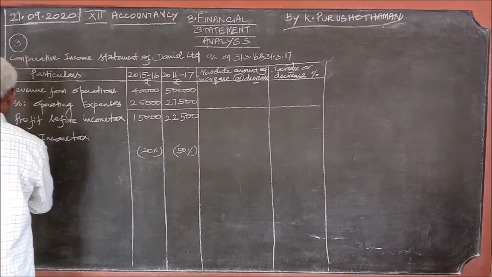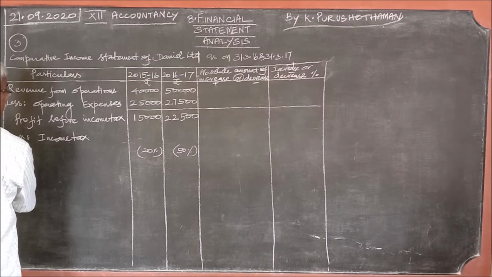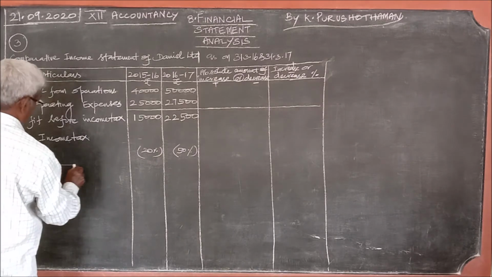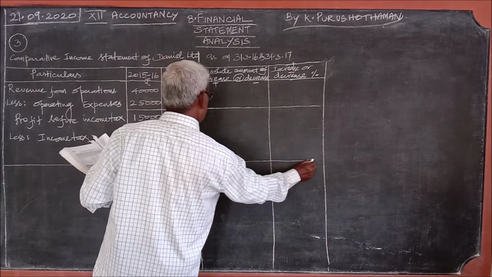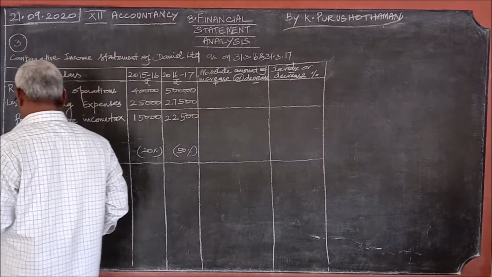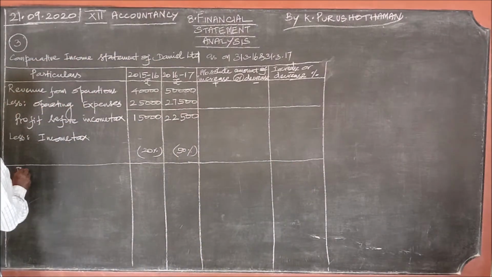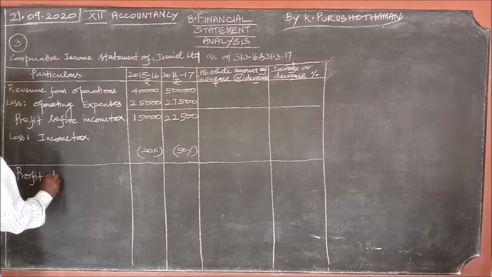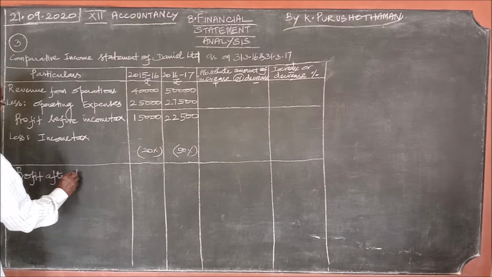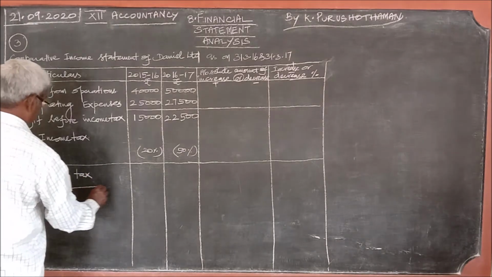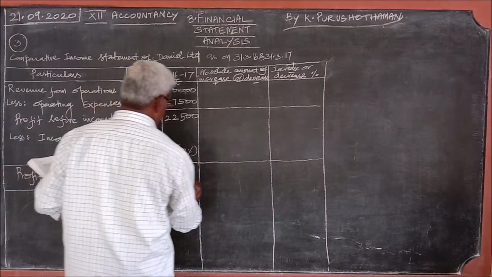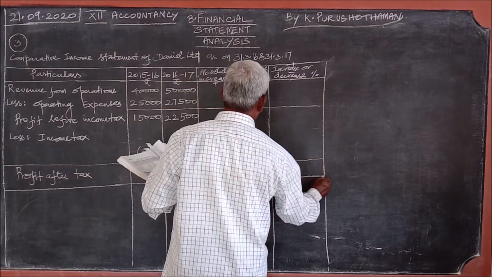Now after minusing this, what can we get? Profit after tax. These are the items we should calculate and find.